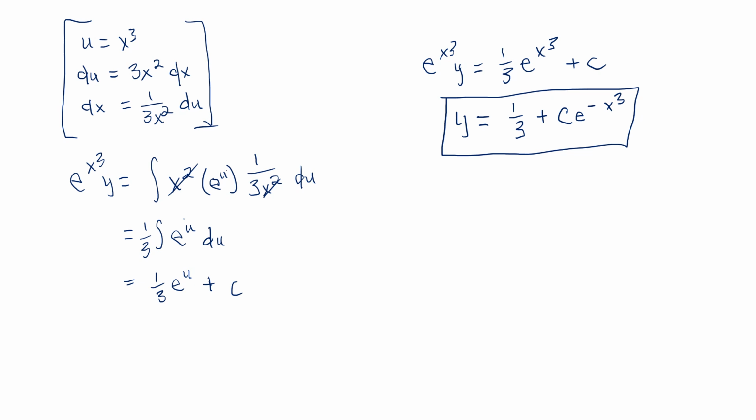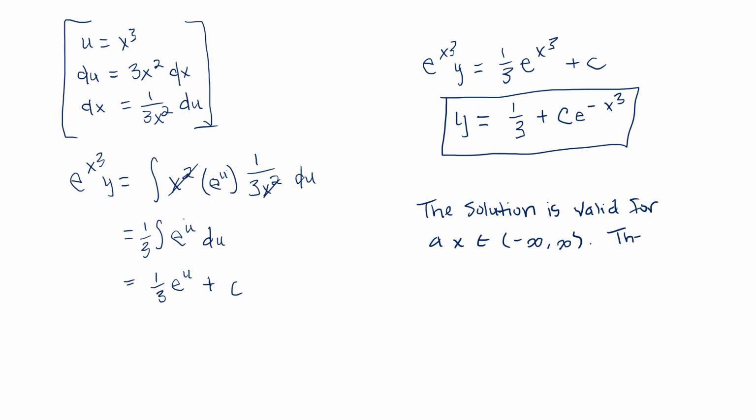Okay, so our directions also told us we needed to give the largest interval over which the general solution is defined. Okay, so the solution is valid for x between negative infinity and infinity.